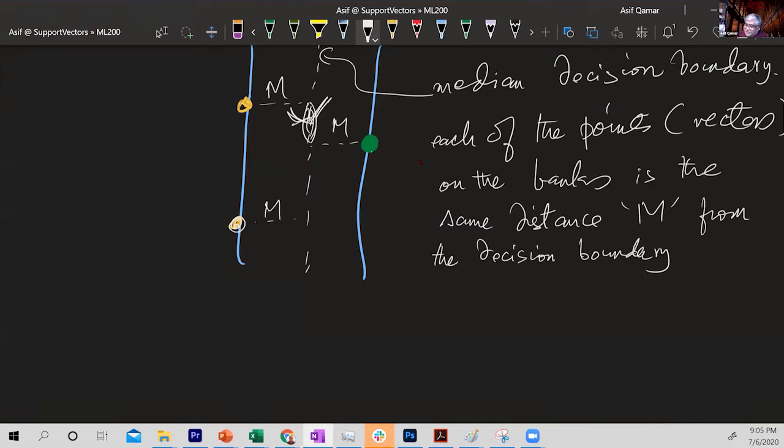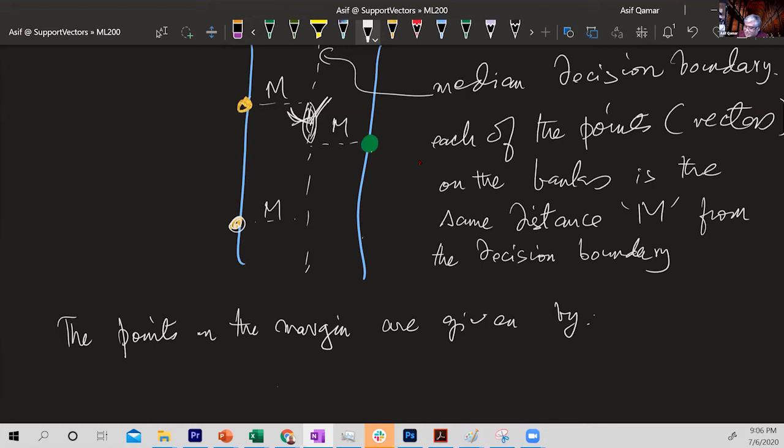So you agree that from this we derive that the support vectors, in the simple case, the points on the margin, are given by d of x is equal to m.